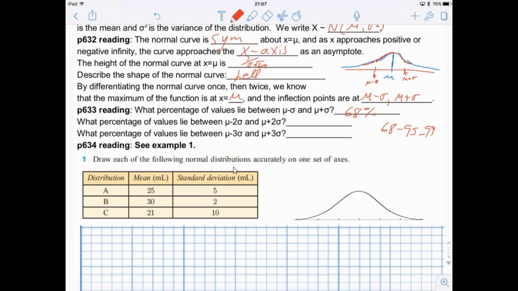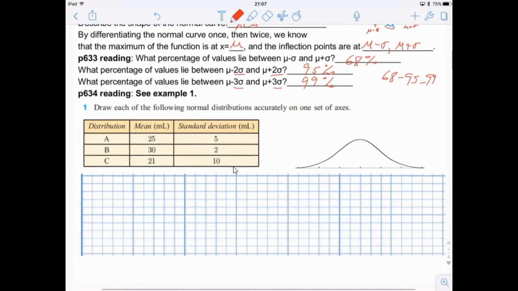Between negative 2 sigma and positive 2 sigma you've got 95%. And between negative 3 sigma and positive 3 sigma you've got 99%. So the bell curve has most of its population pretty close to 1 sigma away from the mean, and 99% are within 3 sigma of the mean.